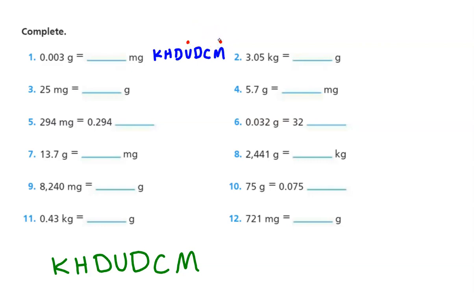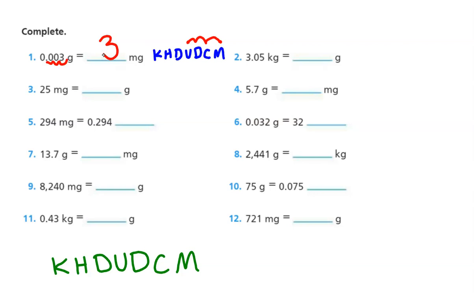So if I have 0.003 grams and I want to know how many milligrams that is, well, I'm going from grams to milligrams. So I'm going to make this number 10 times 10 times 10 bigger. So I'm going to travel my decimal point 1, 2, 3 places across because I had 1, 2, 3 jumps across. So that means that this answer will just simply be 3 milligrams.